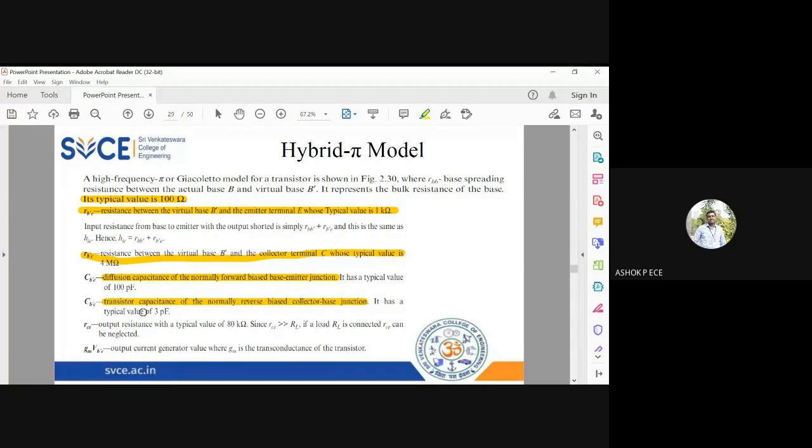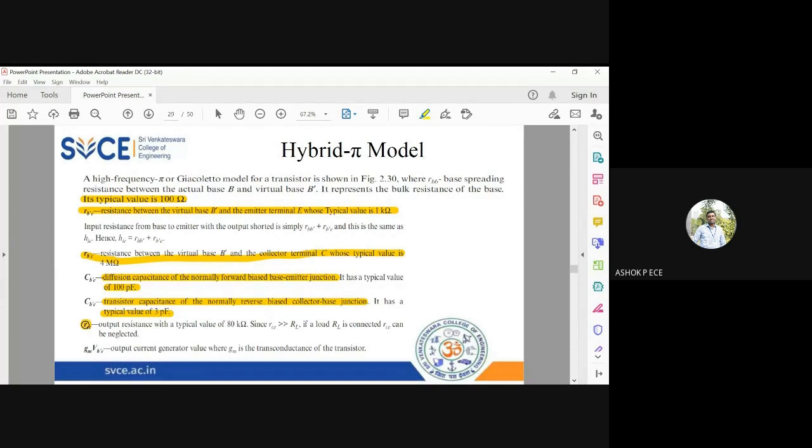The diffusion capacitance will be larger in value, 100 picofarad. The reverse biased or transition capacitance will be smaller in value, in the order of 3 picofarad. The forward bias capacitance will be high because the depletion region is thin. In reverse bias the capacitance value is very low because the depletion region is large.